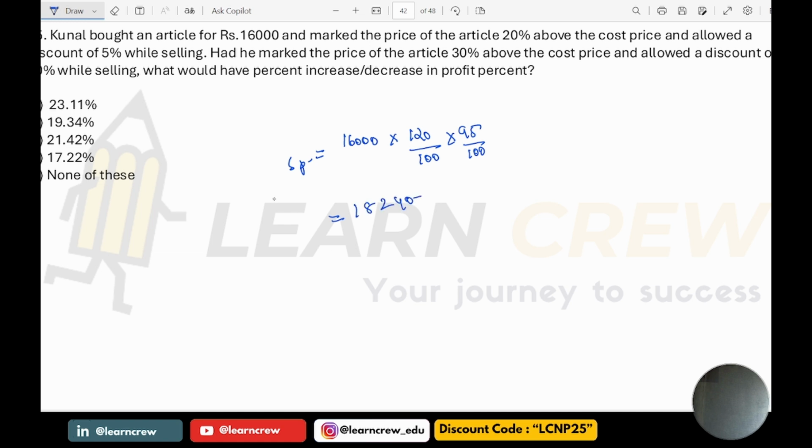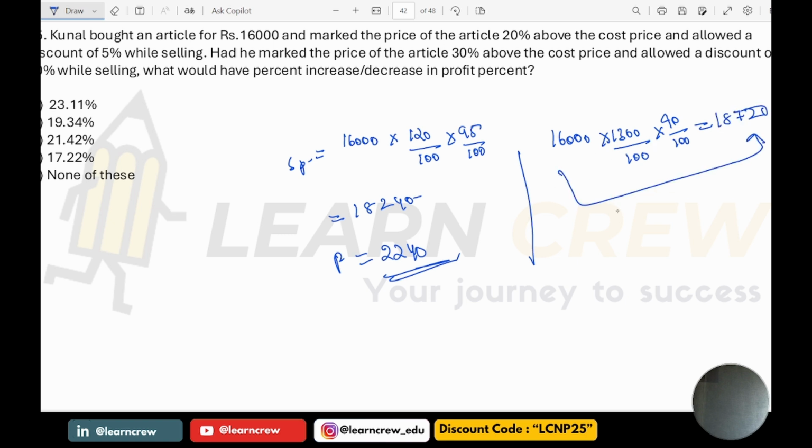18,240. Okay, so the profit is how much? Profit is 2,240. Next, on 16,000, if it is 30% more, with 10% discount, so 90% of this, then it would be 18,720. The profit would have been 2,720.